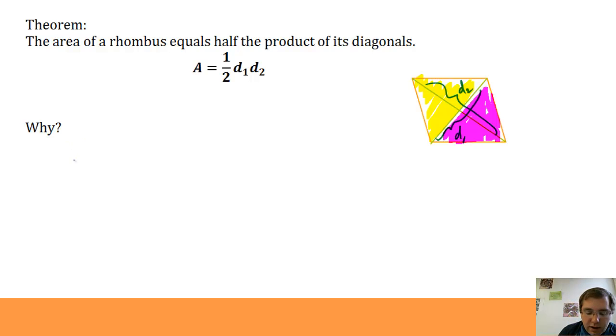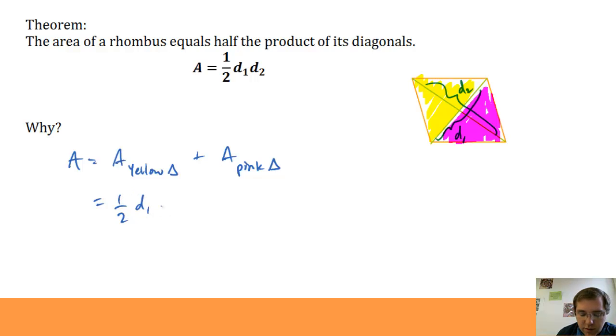So if I want the area of this, I'm going to take the area of the yellow triangle plus the area of the pink triangle, which means I'm going to take 1/2 of the base, D1, times the height, which is going to be half of D2. These are all multiplied together.